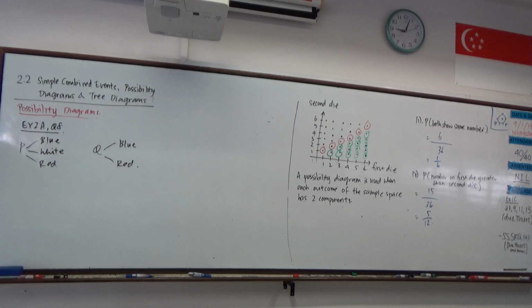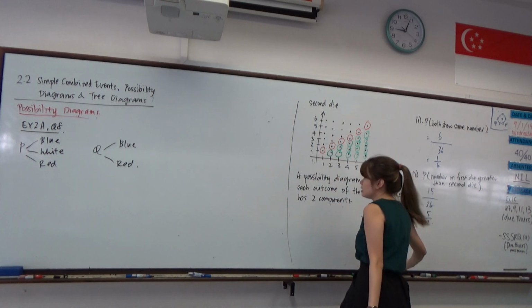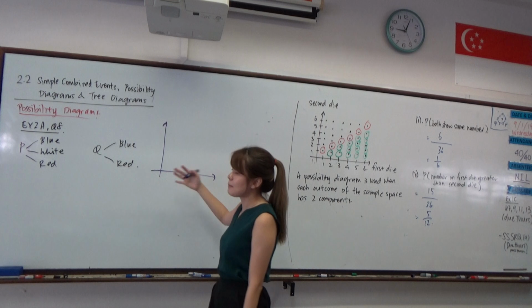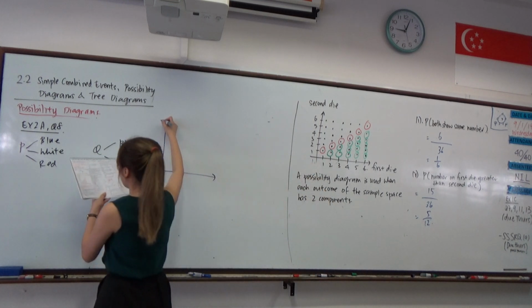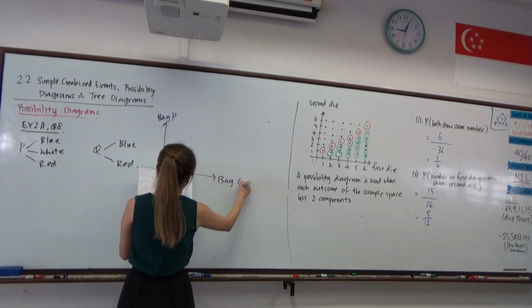So if you were to go back to just now earlier on the question, exercise 2A, question 8, whereby we have bag P and bag Q. In order to draw the possibility diagram to answer this question, instead of listing out the sample space, we could actually draw a diagram.